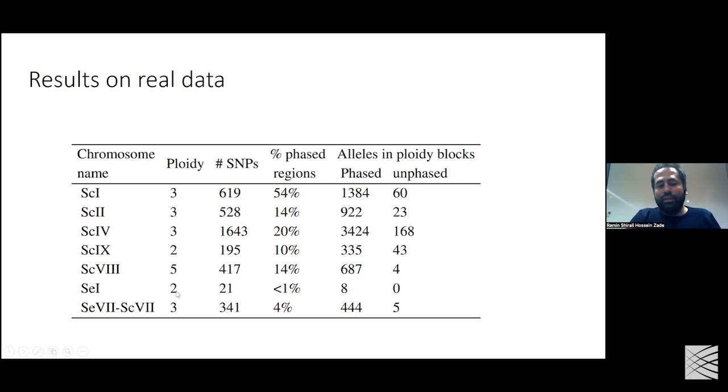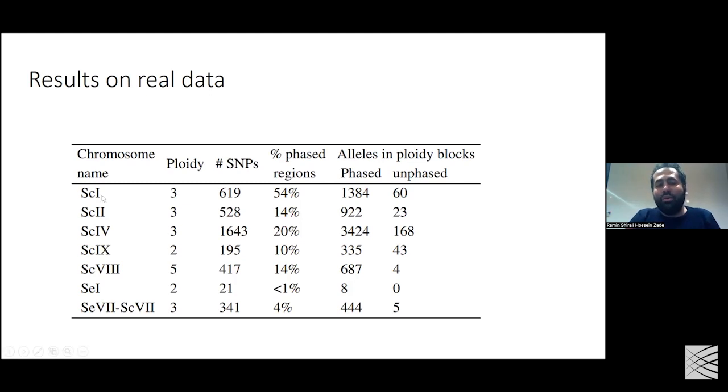It's a diploid, but it has only 21 SNPs. So the chromosomes are highly identical. And yes, we are phasing less than 1% of the whole chromosome, but the reason is there is nothing to phase.